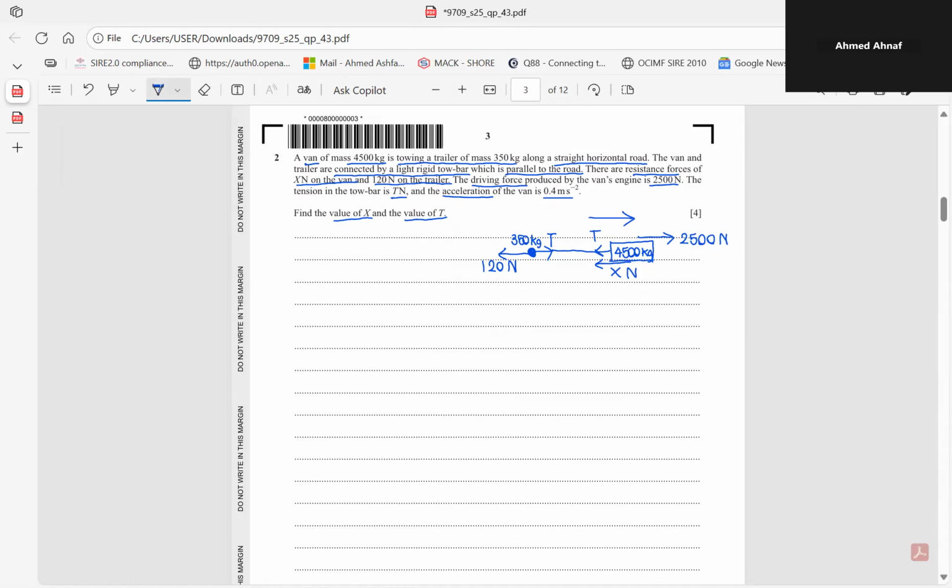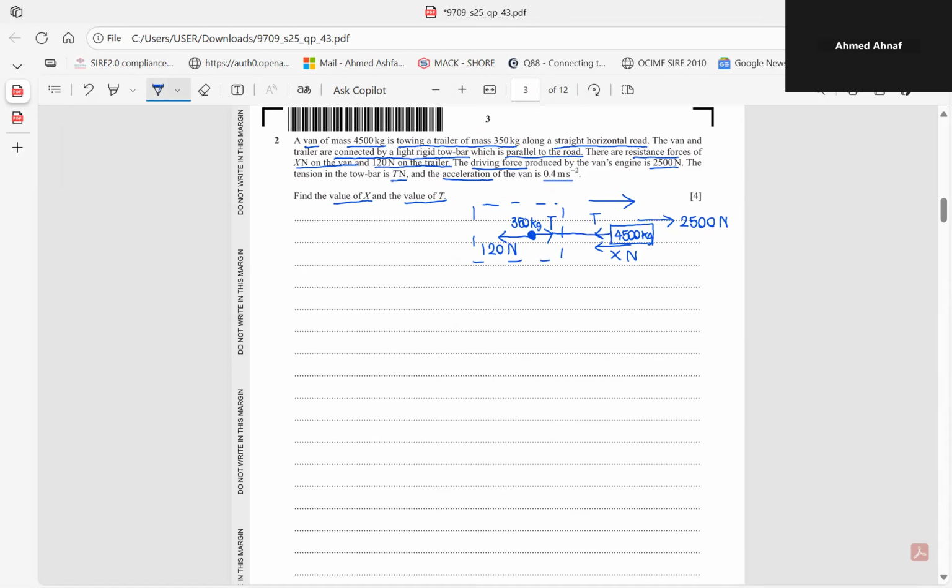Okay, so now let's start forming equations. Let's take the trailer separately. The only forces acting on the trailer are the tension and the 120 newtons. We're going to use Newton's second law, F equals ma.